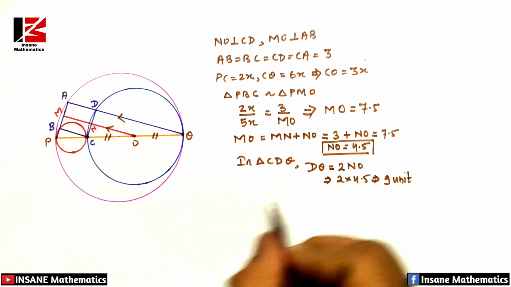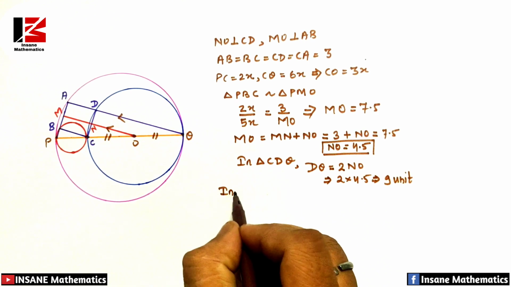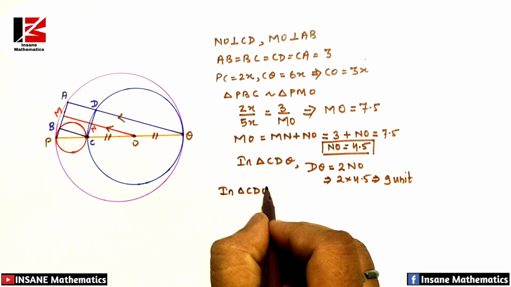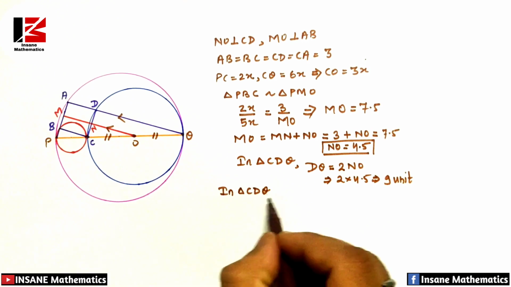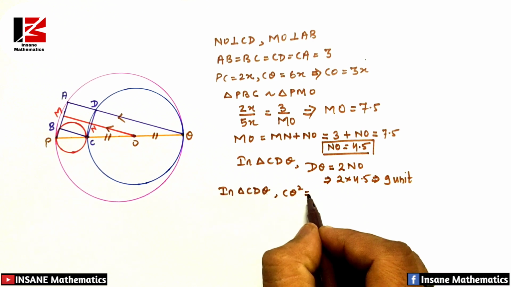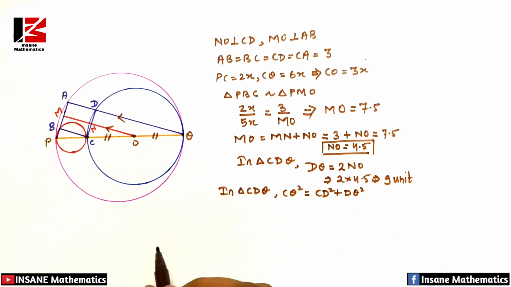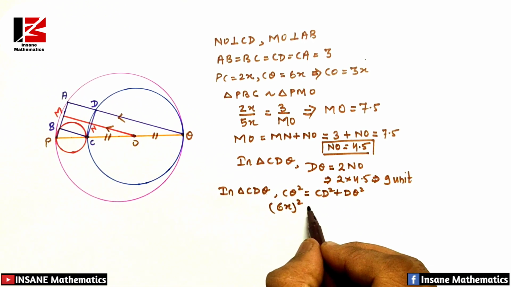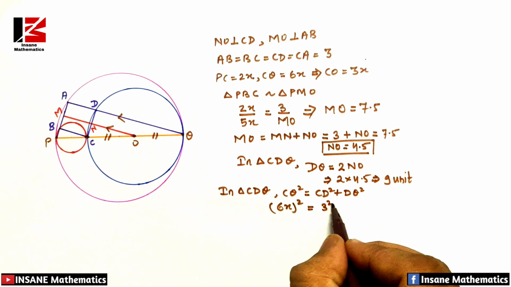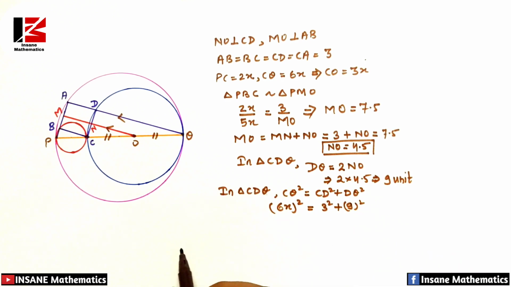Now in the triangle CDQ, by the Pythagoras theorem we can write CQ square is equal to CD square plus DQ square. CQ is 6x and CD is 3 and DQ is, we have found, 9.